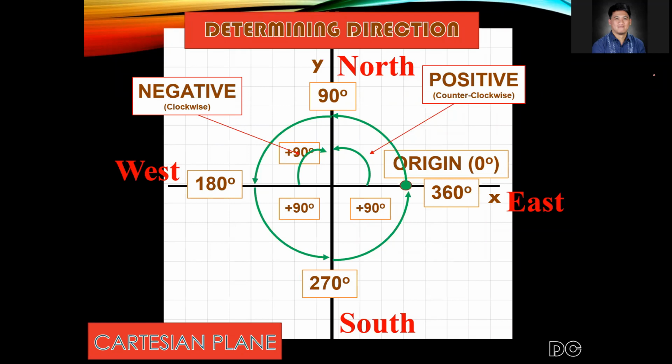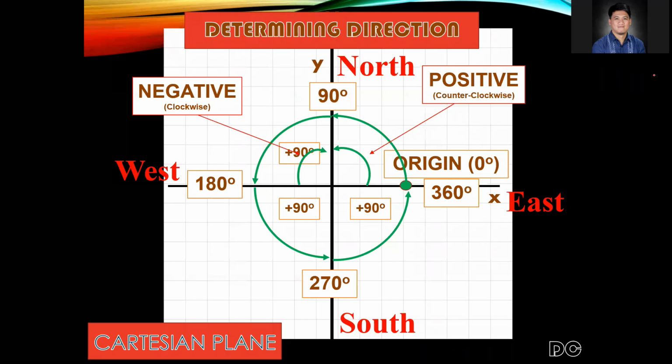Do not get confused with the negative and the positive angle, because take note, the negative and the positive is just an indicator of either a counterclockwise movement or a clockwise movement.